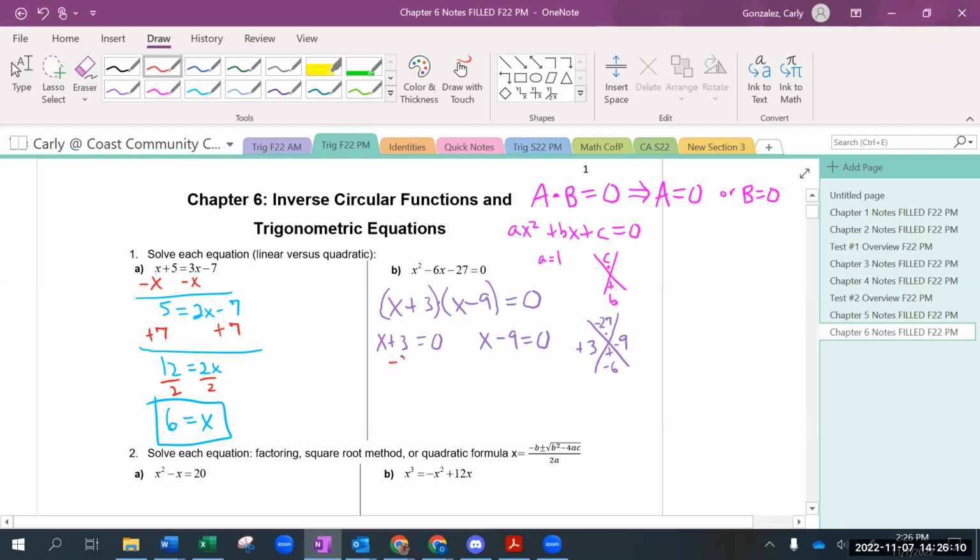So we solve each of those. Subtracting 3 from both sides gives us x equals negative 3, and adding 9 to both sides gives us x equals 9. So our solutions are negative 3 and positive 9.